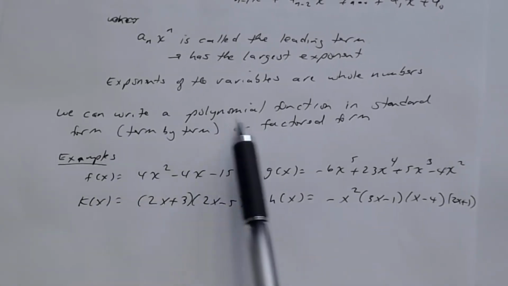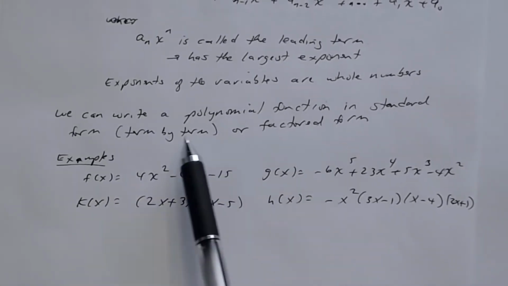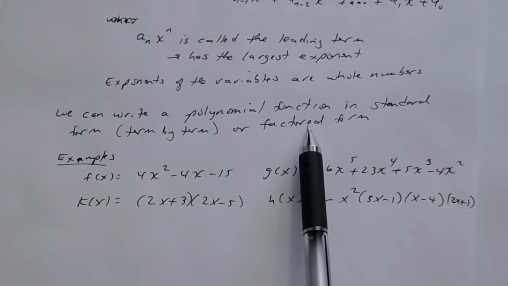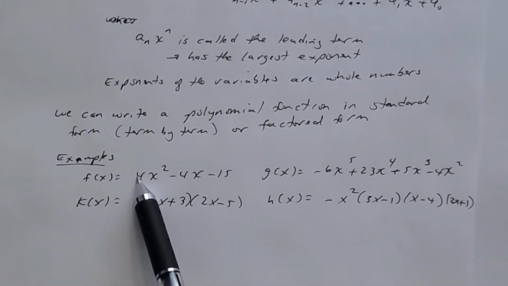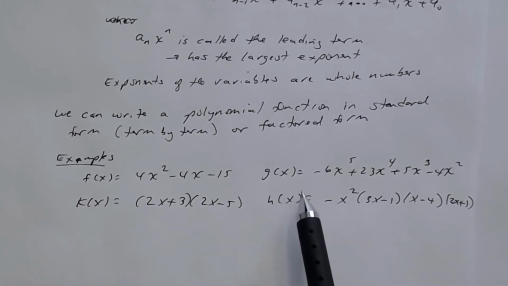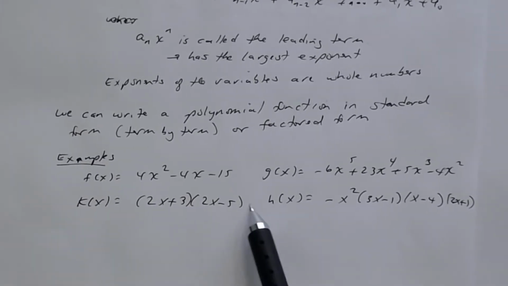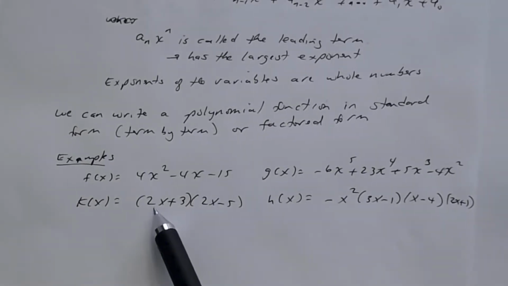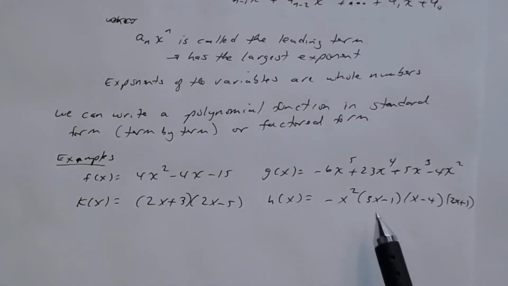So we can write polynomial functions in standard form or factored form. Now, f of x and g of x are in standard form, but k of x and h of x are in factored form. You'll notice that they're listed as a product of factors.